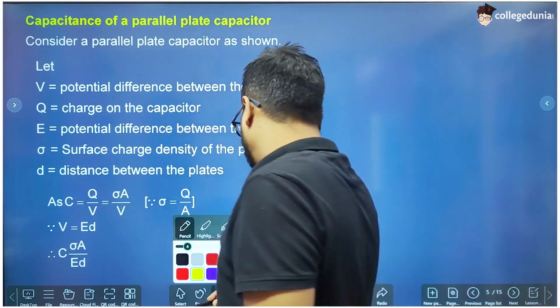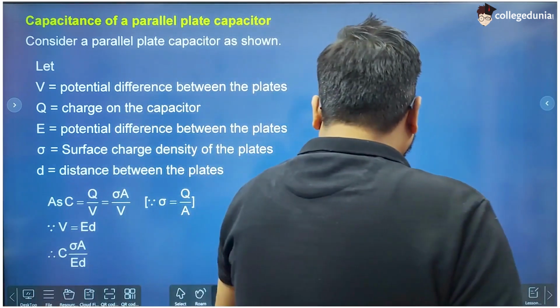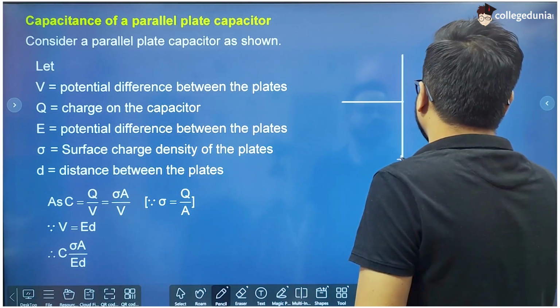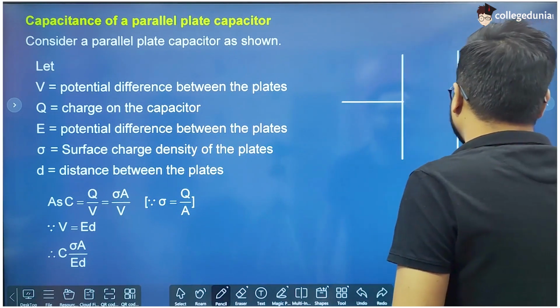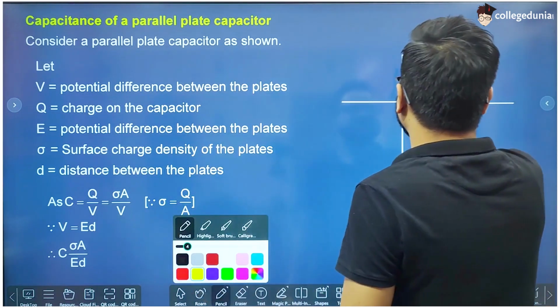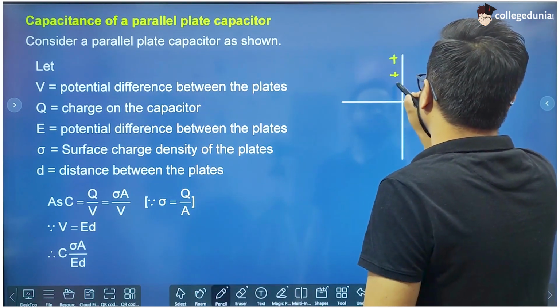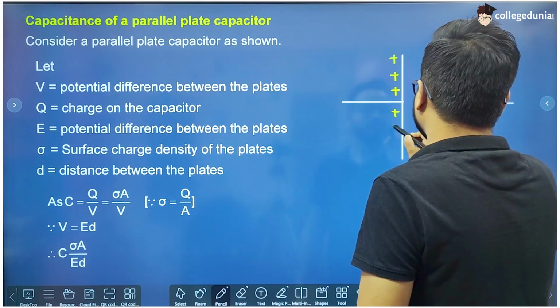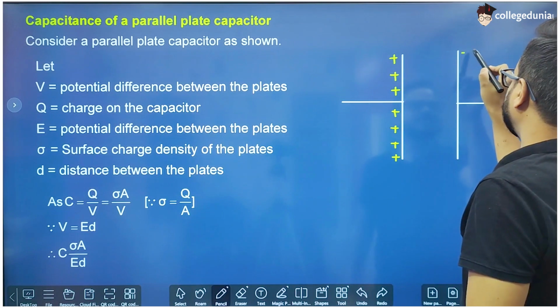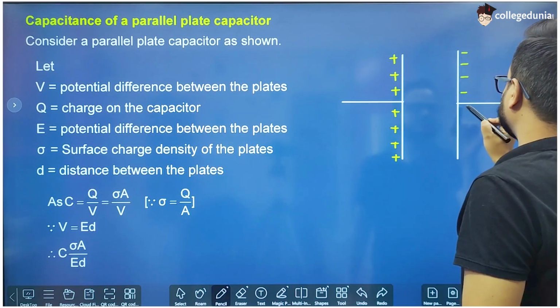Now let us find the formula for the capacitance of a parallel plate capacitor. Now here we have a parallel plate capacitor, and one plate of this capacitor is positively charged. Let us say this plate is positively charged and this plate is negatively charged.